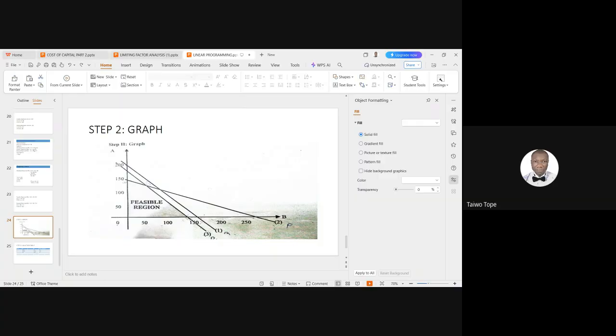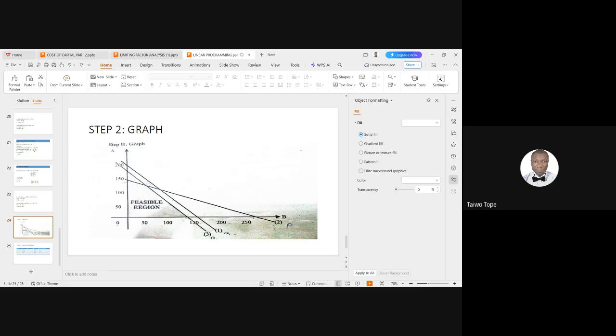So when you plot your graph, you just locate from the midpoint here to the highest point here, this region here. What are those lines that connect? You need to locate them. We have a point here, and a point here.